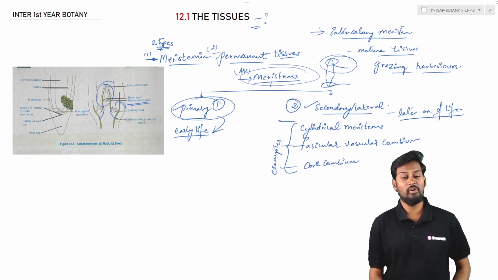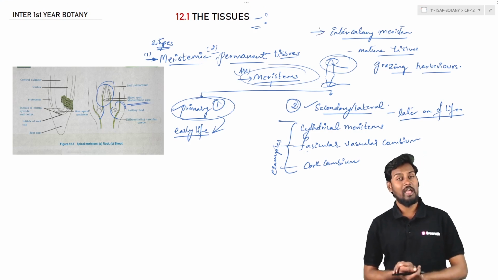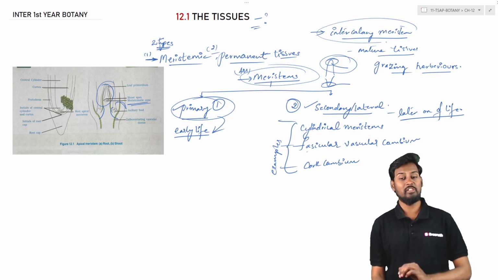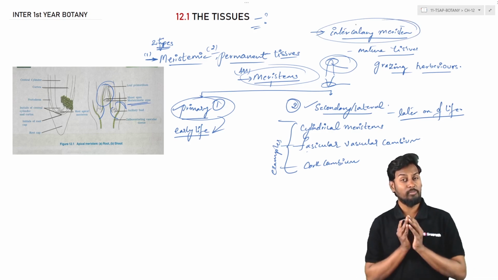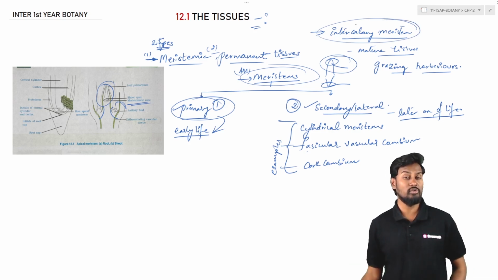ఇంకోటి వచ్చేసి మనం we are going to discuss about the intercalary meristem. So intercalary meristem is nothing but these are the cells which are present and distributed in the mature part of the plant, but main agenda ఏంటంటే, for example, they are generally present in the herbs, shrubs and mostly in the grasses.